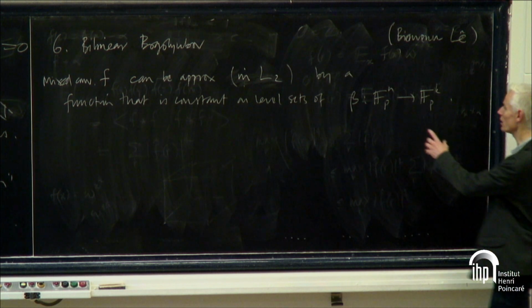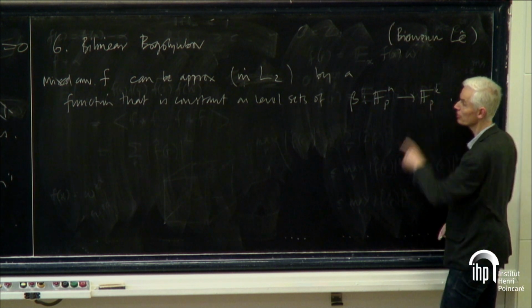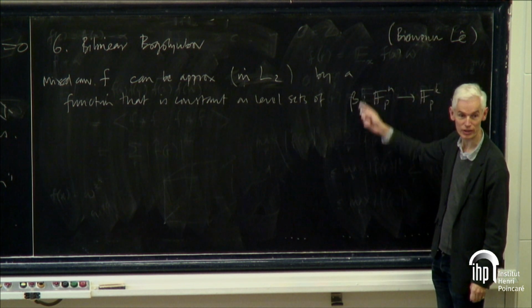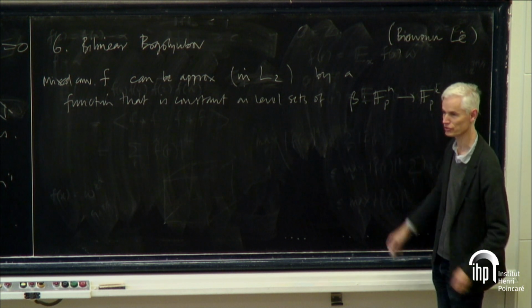So you can find a small k, you can find a bilinear function beta from F_p^n to F_p^k, and then you can approximate the function by one that only depends on the value taken by beta. So it's roughly constant on level sets of beta.